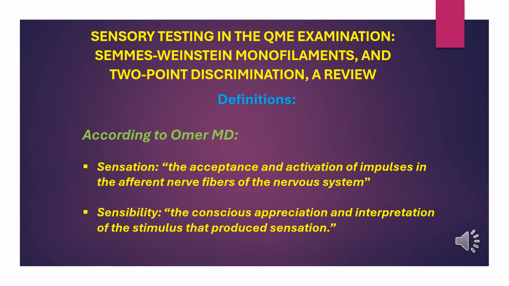In 74, he determined that sensation is the acceptance and the activation of impulses in the afferent nerve fibers of the nervous system, whereas conversely, sensibility is the conscious appreciation and the interpretation of those stimuli that produce the sensation.